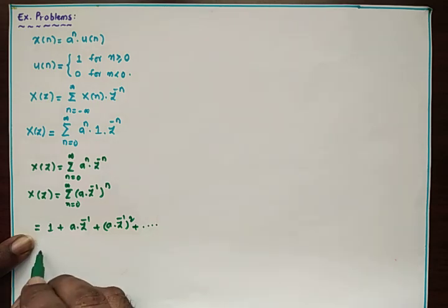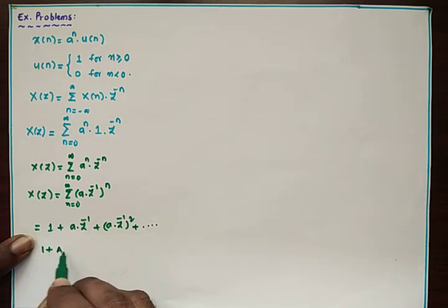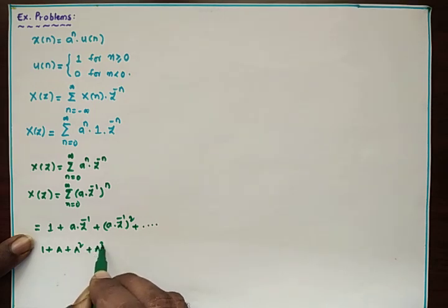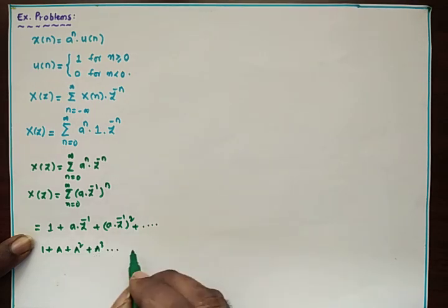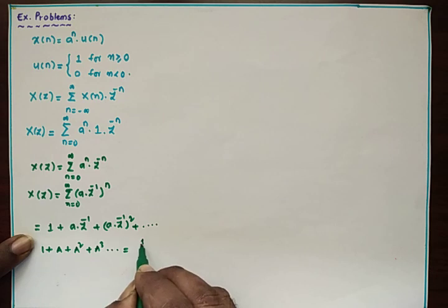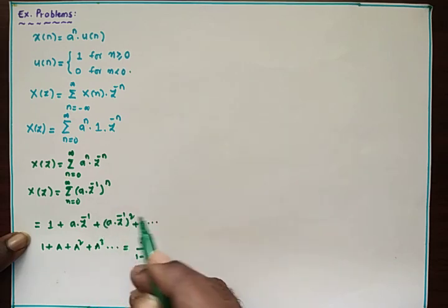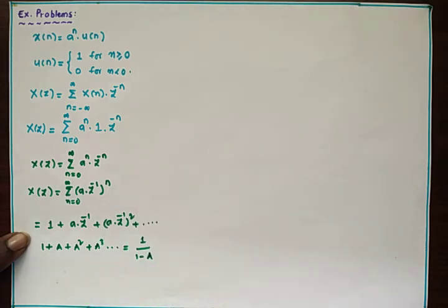This is similar to 1 plus a plus a square plus a cube and so on, whose sum is 1 by 1 minus a. In place of a, what we have now? In place of a, we have a into z to the power of minus 1.